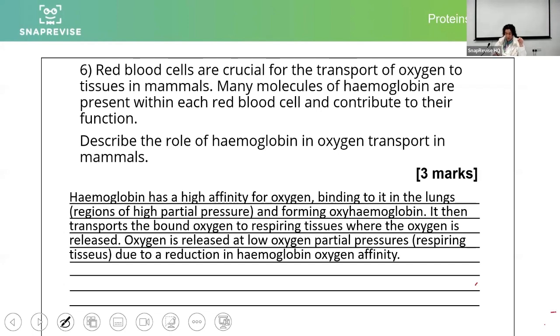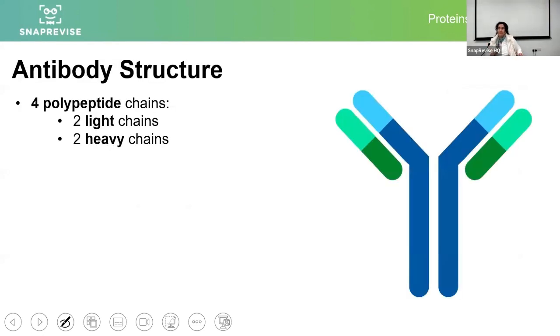So the key here in describing the role of hemoglobin is describing the idea that hemoglobin has different affinities for oxygen depending on the partial pressures of oxygen. High affinity when oxygen is abundant, high partial pressures. That's good because it can bind oxygen. Low affinity at low partial pressures.